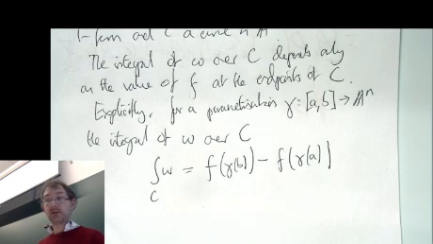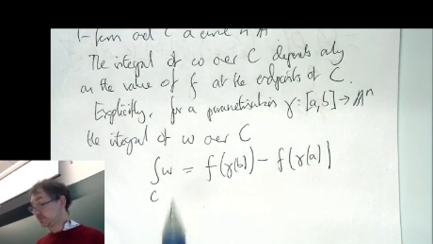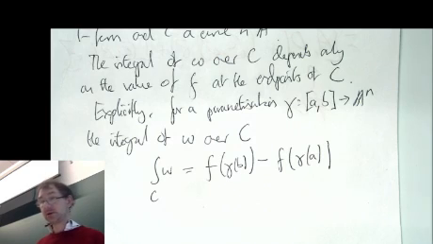You take that function and you simply apply it to the endpoints. So in fact, if your curve is the x-axis, going from x equals a to x equals b, then this is precisely saying that that's what you do to get the integral.